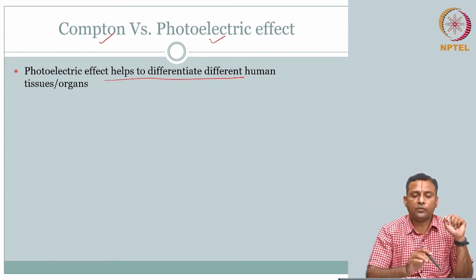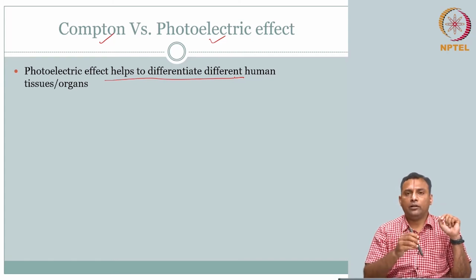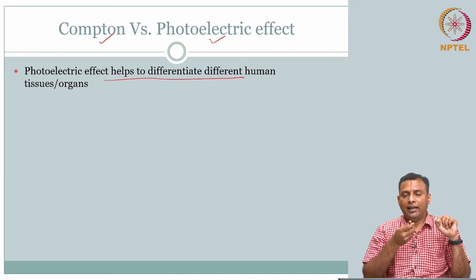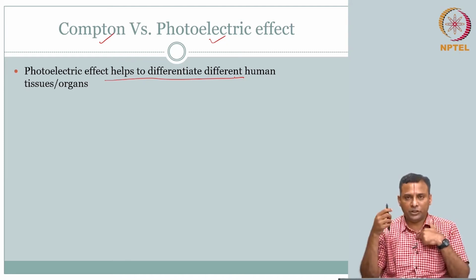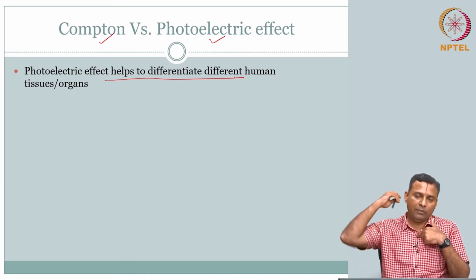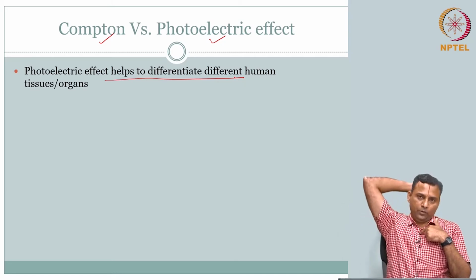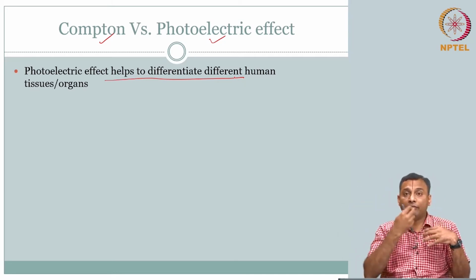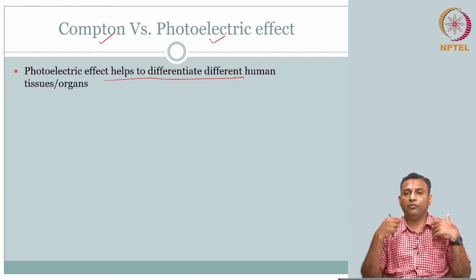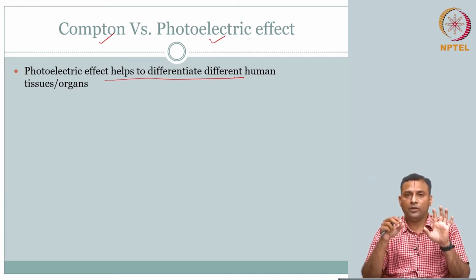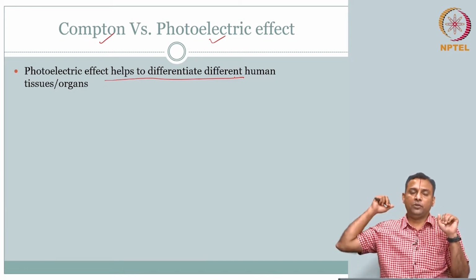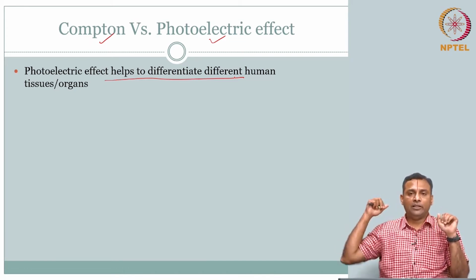So, what does photoelectric effect do? You have energy that is coming in, the energy is deposited in the tissue and the remaining energy comes out. It is the relative distribution of which location can stop how much X-ray. That is what you see as the image in your X-ray.